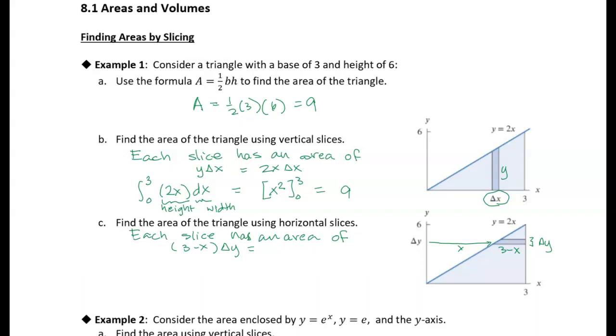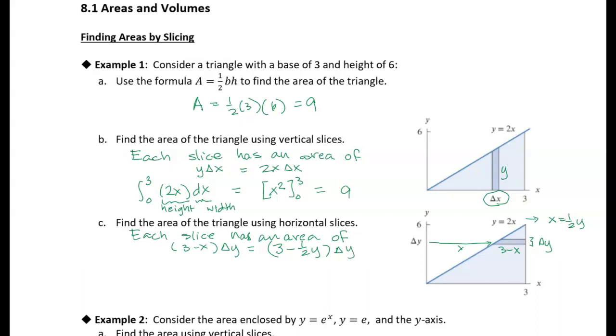So let's rewrite this function as x equals 1/2 y. Then we get 3 minus 1/2 y times the width of this little slice, which is delta y.